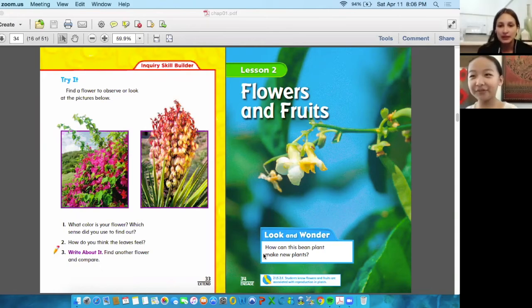Flowers and fruits. Yes, so let's look at this blue box down here, okay? Could you read this question, please? Look and wonder, how can this bean plant make a new plant? Okay, so think about it for a second. How do you think this plant can make a new one?